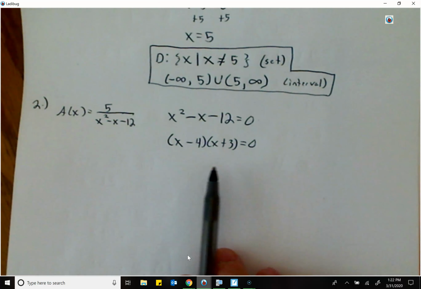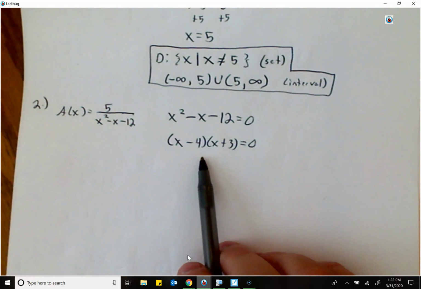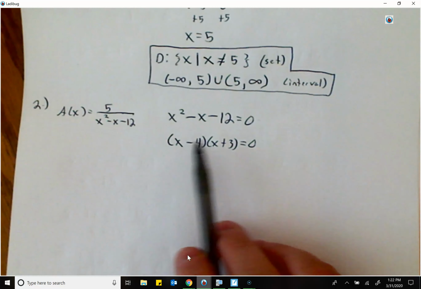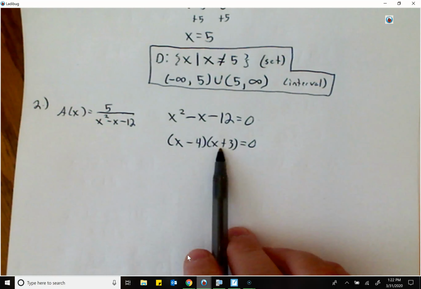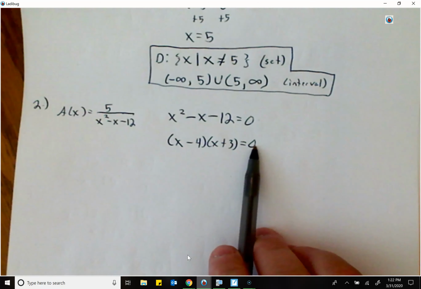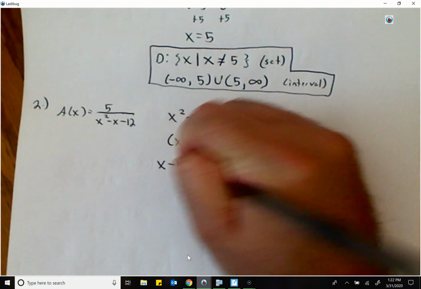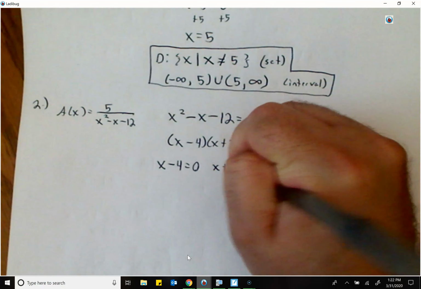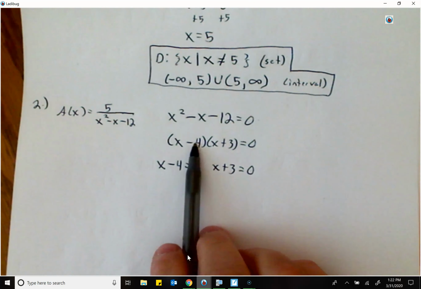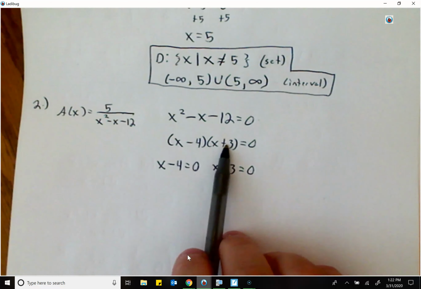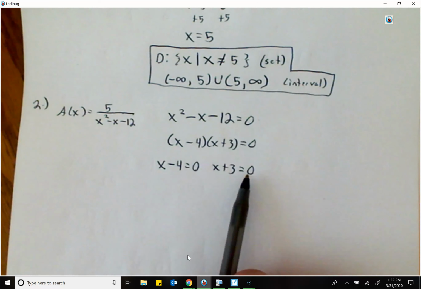So remember that we have a rule called the zero product rule that says when you have two ideas being multiplied together and they equal 0, one of them is equal to 0. So all I'm going to do is set each one of these parentheses equal to 0. Once it's factored, that's what you do in order to solve for x.